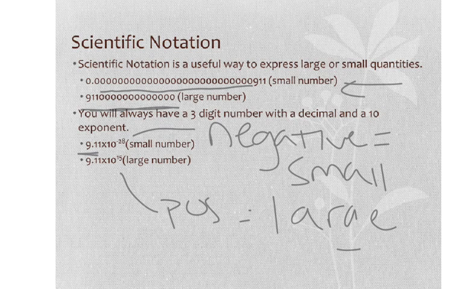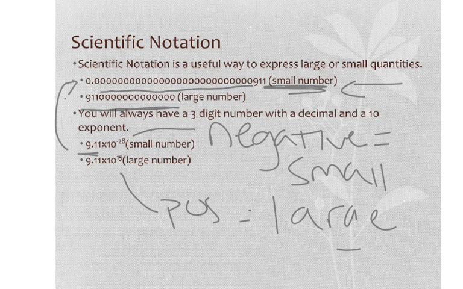Now, what I did here was I gave you an example. These two are written out in full expression, and now I have condensed them into scientific notation. So 9.11 times 10 to the negative 28th is the exact same number as 0.00000 and a lot of zeros, I think there's like 27. 9.11 times 10 to the negative 28th is the same as this very top first number here.